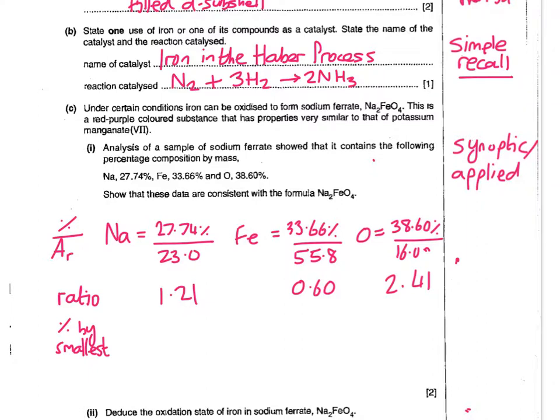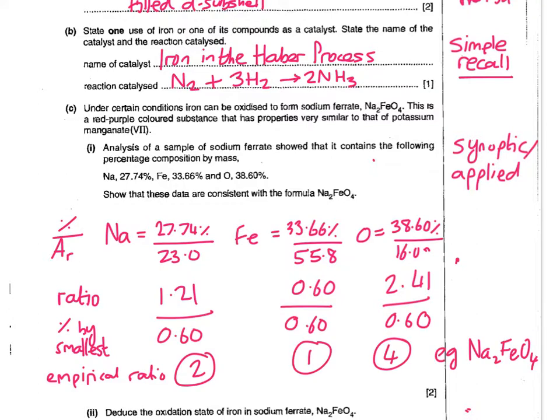So the first thing you can do is you can get the rough ratio by taking the percentage that the element's found in divided by its relative atomic mass. That gives us 1.21 for sodium, 0.60 for iron, and 2.41 for oxygen. So you divide by the smallest. So that gives us Na2FeO4.